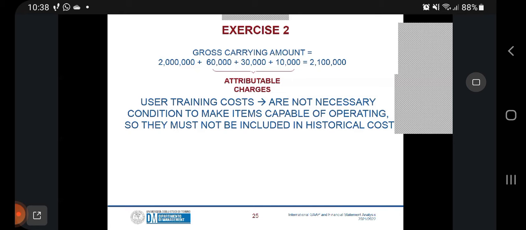Custom duties plus insurance cost plus transportation. Again, recognition of the training cost for employees in the income statement.